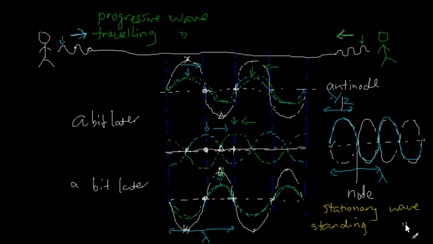A standing wave or stationary wave happens when we have two identical waves, meaning same frequency and same amplitude, in opposite directions, meeting each other.